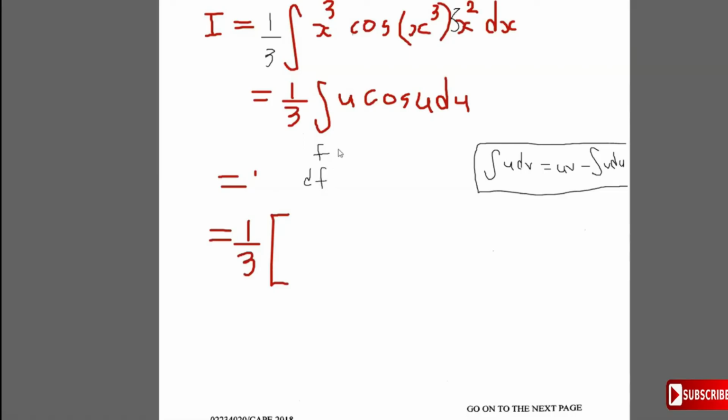I'm calling f the u, so df equals 1. And I'm calling ds cos u, and s is what we get when we integrate cos u.